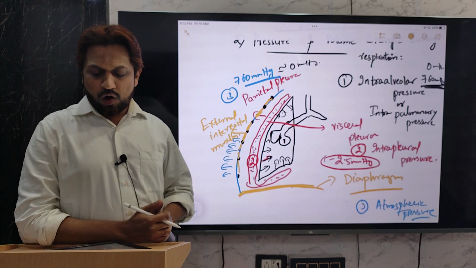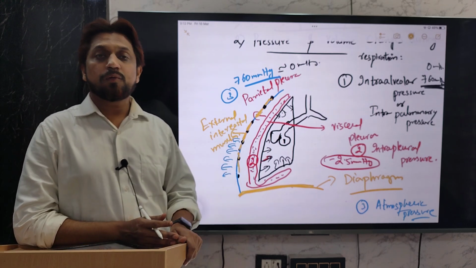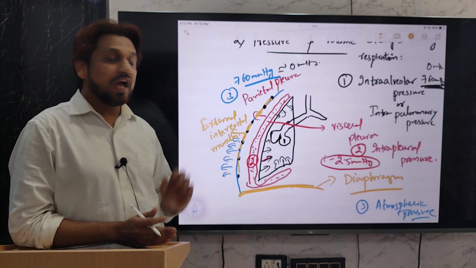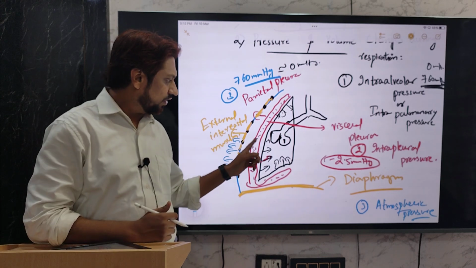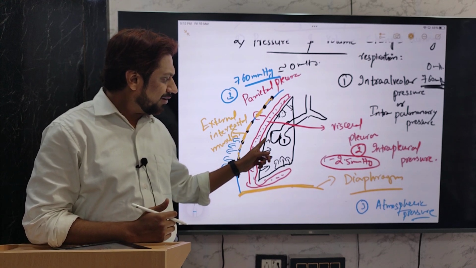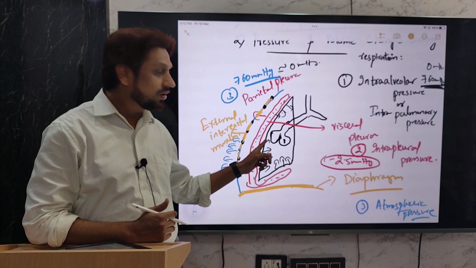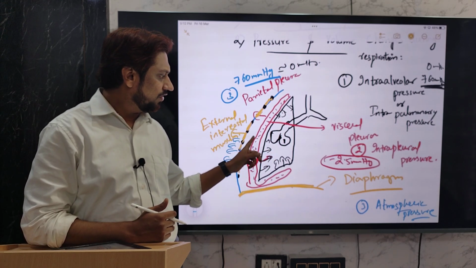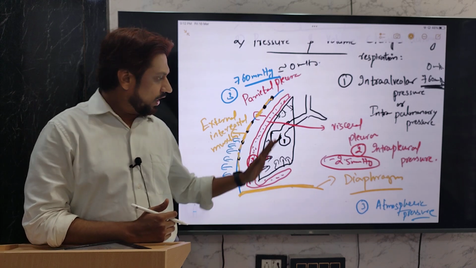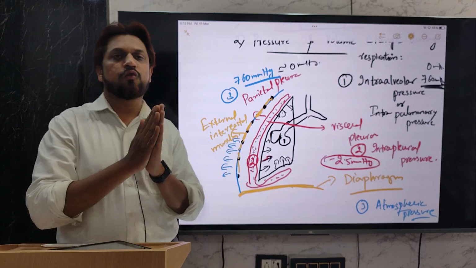So how does this cause the negative intrapleural pressure, that is the elastic recoil of the lungs and the elastic recoil of the chest wall? Since both are in opposite directions, and the visceral pleura is in close proximity with the lung tissue, and the parietal pleura is in close proximity with the chest wall, in between there is a pleural fluid.